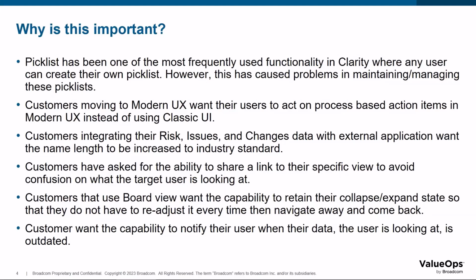Customers that use board view want the capability to retain their collapse/expand state so that they do not have to readjust it every time they navigate away and then come back. And finally, customers want the capability to notify users when their data is outdated, and they wanted an easier way for that to be done within the Clarity application itself.